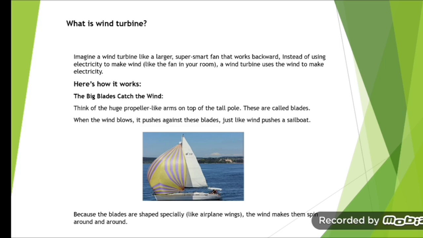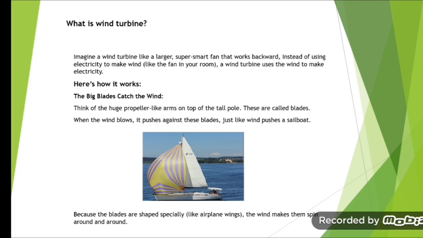The next step is how it works. It works in different steps. The first one is the big blades catch the wind. The wind turbine has huge propeller-like arms on the top of a tall pole. These are called blades.